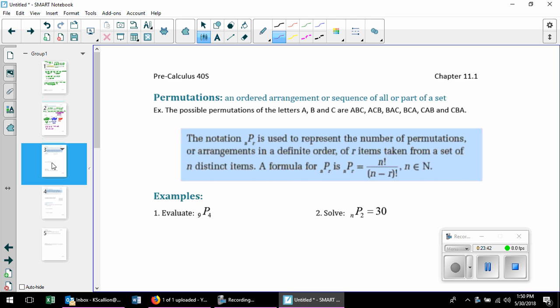All right. So essentially, there's a formula to work for permutations. It is on your formula sheet. Okay? No need to get a tattoo. You will get this formula. So n and r.